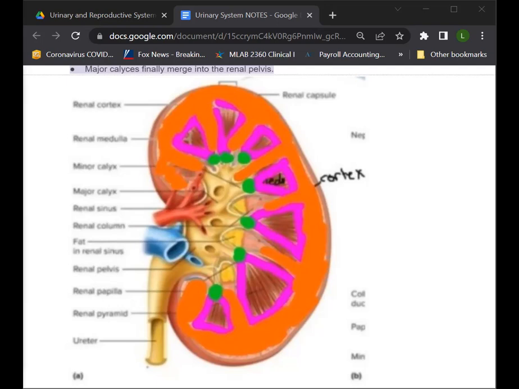At the very tips of the pyramids are what are called renal papillae. I try to remember the phrase PPP: points on the pyramids are the papillae. And that's where the urine comes out from each pyramid.